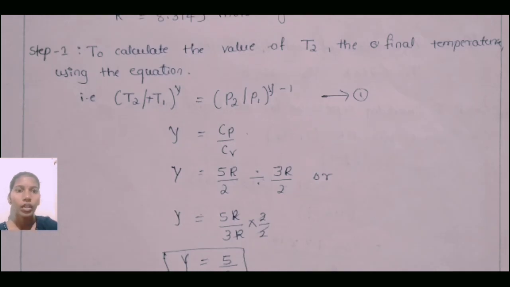Step 1. To calculate the value of T2, the final temperature, using the equation: T2 divided by T1 power gamma is equal to P2 divided by P1 power gamma minus 1, equation number 1, where gamma is equal to Cp divided by Cv. So gamma is equal to 5R divided by 2 into 2 divided by 3R.